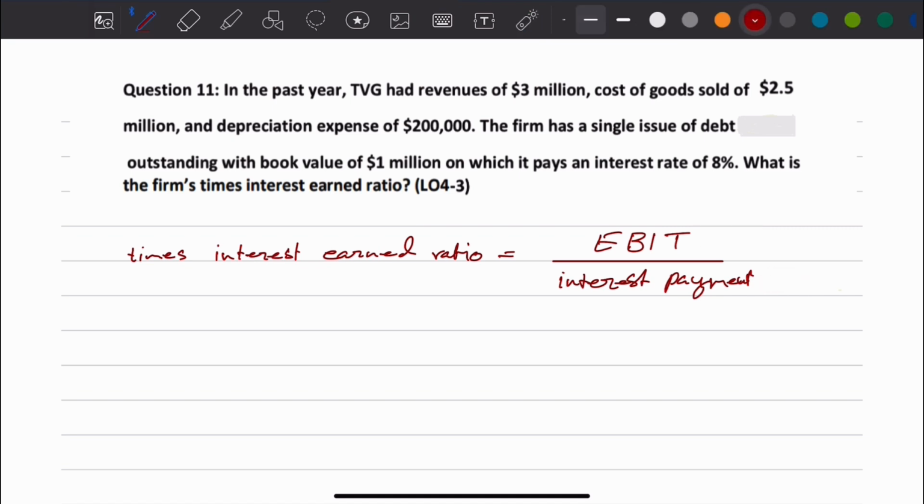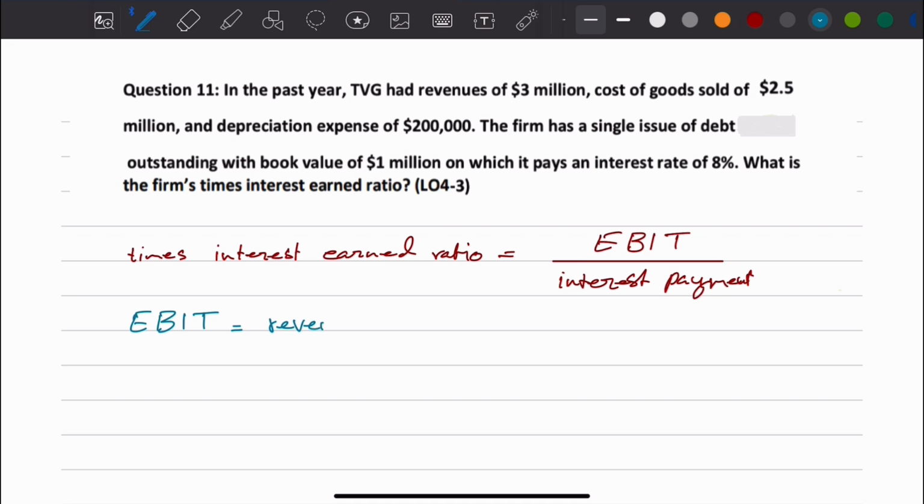Now, the EBIT, we can simply calculate from the data given. We have the revenues, we have cost of goods sold, and we have depreciation expense, right? So, knowing this, we can simply calculate our EBIT by the following formula.